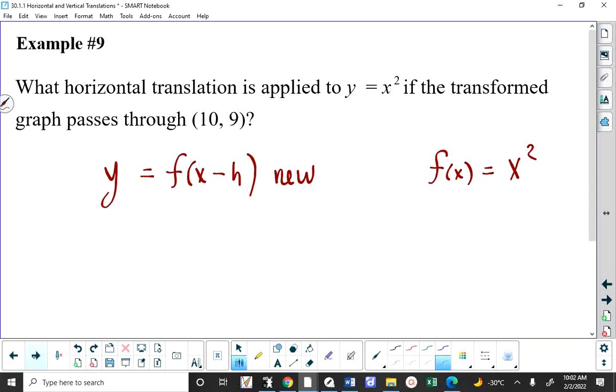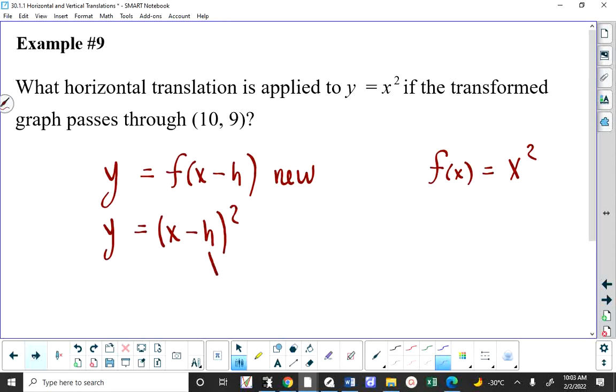So if f of x is x squared, then f of 5 is 5 squared, f of goldfish is goldfish squared, f of x minus h is (x minus h) squared.